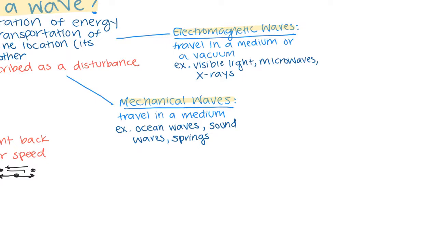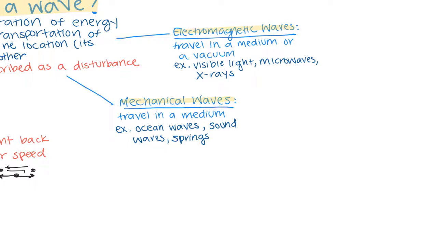In contrast, electromagnetic waves can travel either in a medium or a vacuum. Visible light is the best example I can think of with electromagnetic waves that you might be familiar with, right? We see light in the water. We see light in the air. Those are both examples of mediums. So they have substances. They've got molecules in them. But we also see light in space. And space is a vacuum.